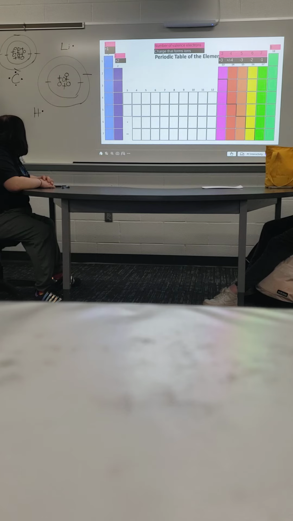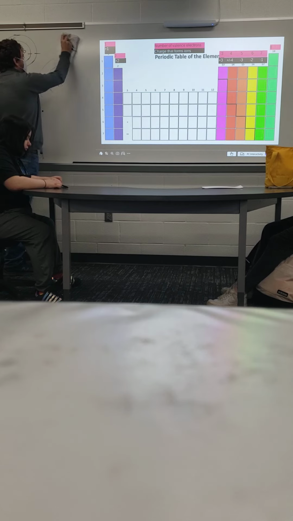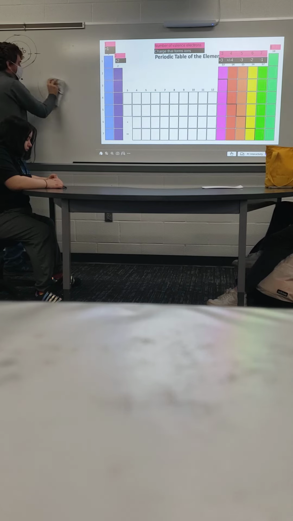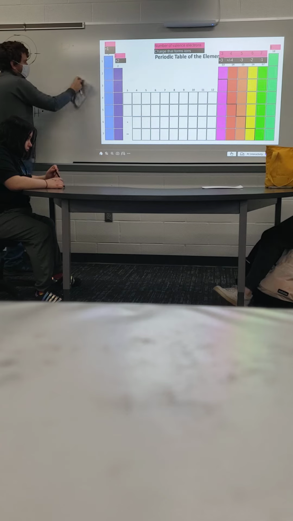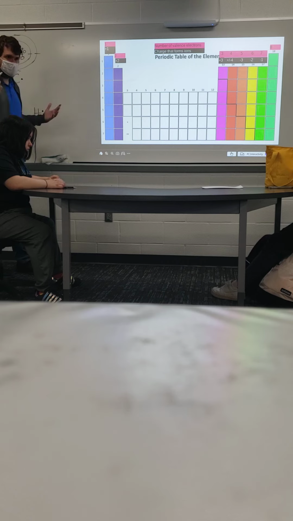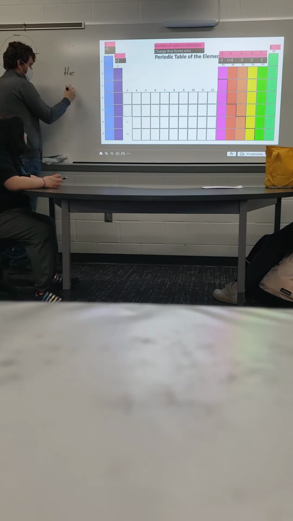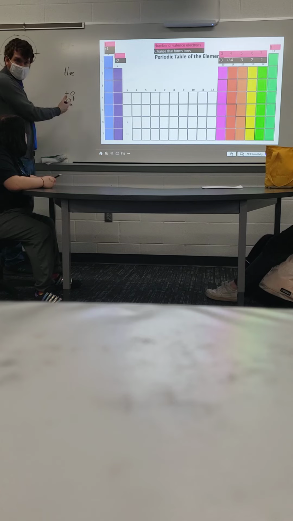It's going to end up with 2. Let me draw it and let me show you. It'll make sense. I told you that the octet rule is whenever an element has 8 outer electrons in a full shell, that's when it's happy. Well, helium has 2 protons and 2 neutrons, which gets the atomic mass of 4, that's what you're thinking of.